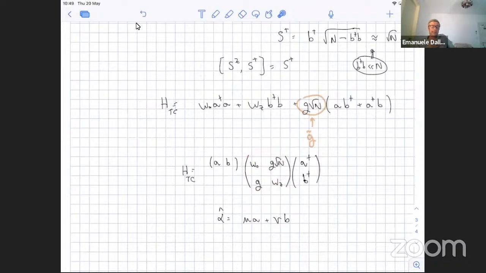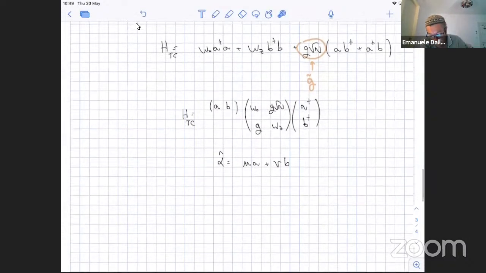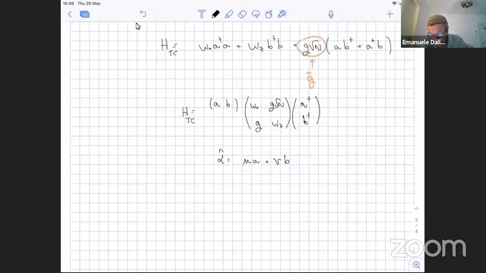Actually, we are really interested in the phase transition. So in order to study the phase transition, what is the phase transition? The phase transition occurs when the gap closes. What does it mean?